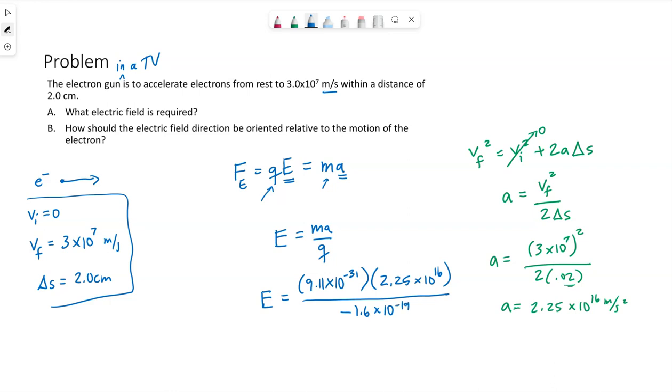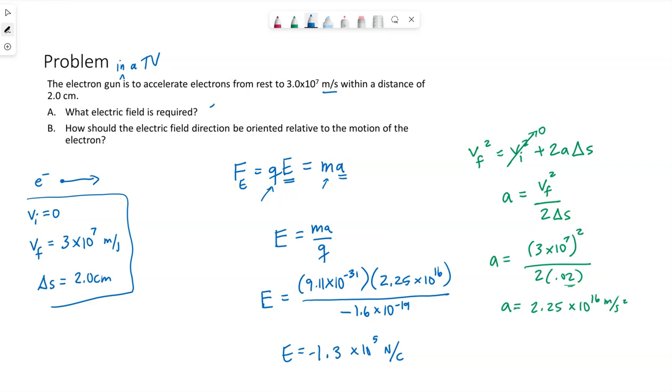And it is a negative charge for the fact that it is an electron. I'm getting 1.3 times 10 to the 5th. There is a negative sign just because that charge is negative. But again, negative signs here have to do with direction.